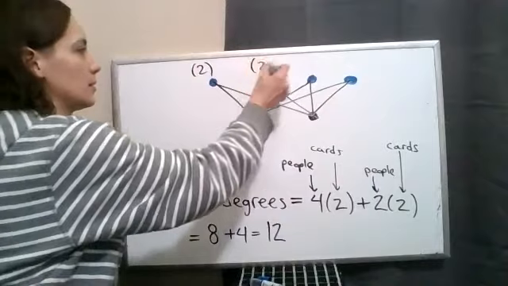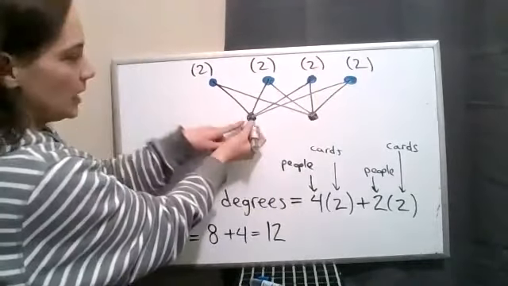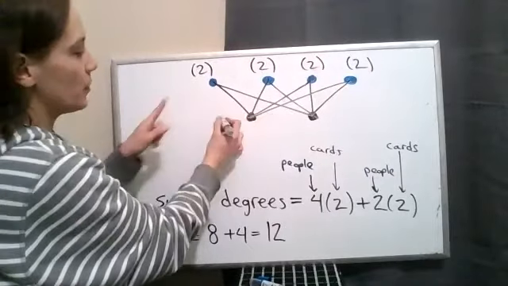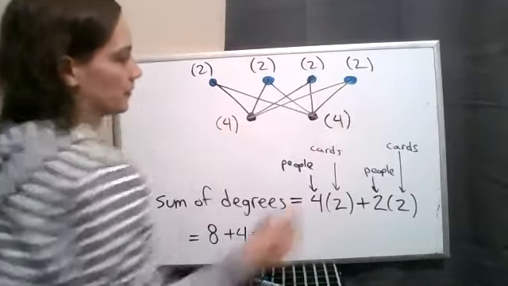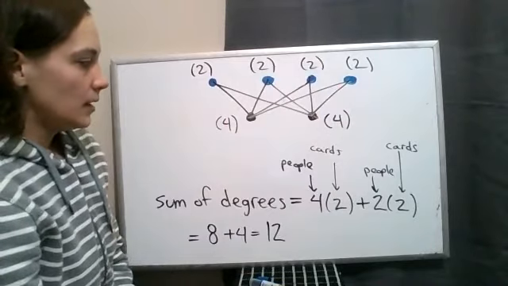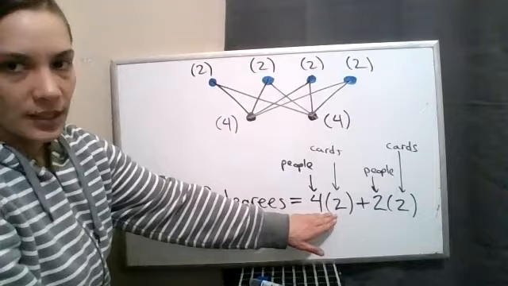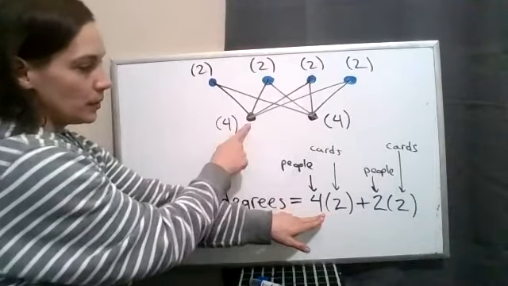Degree 2. Degree 2. Okay. This person met 4 other people, which means it has degree 4. And degree 4. So one more time, this first term is those 2 people.